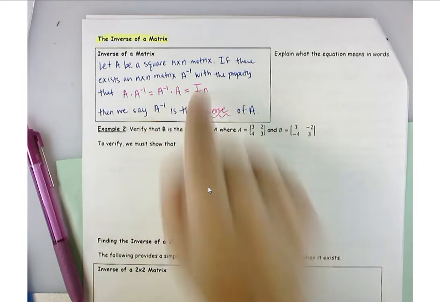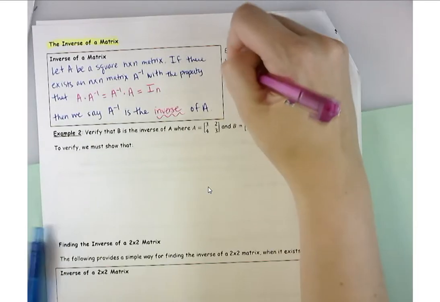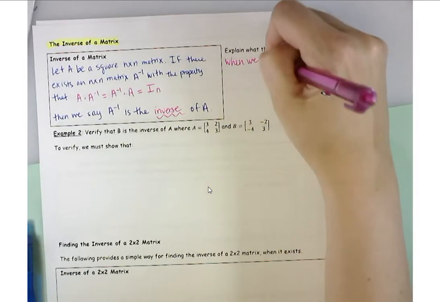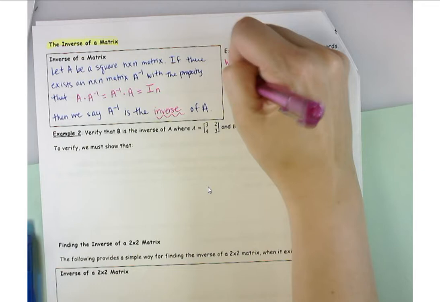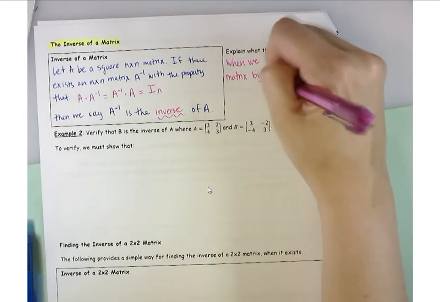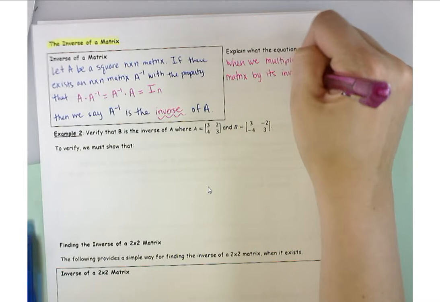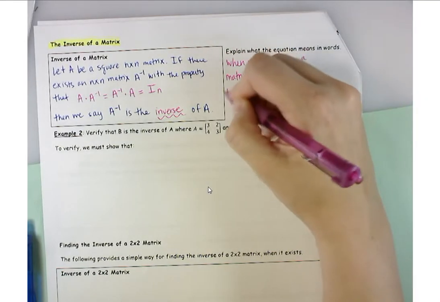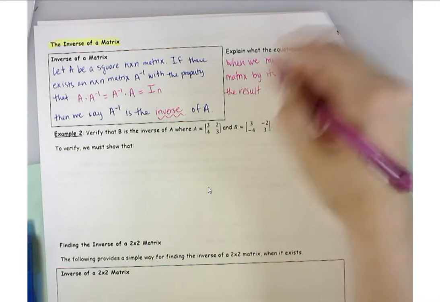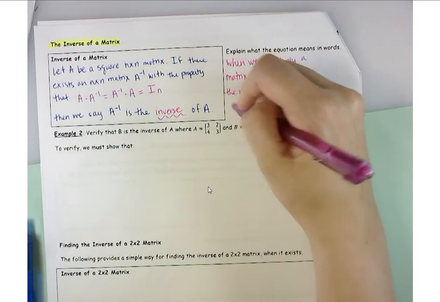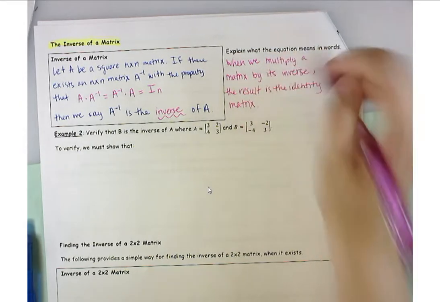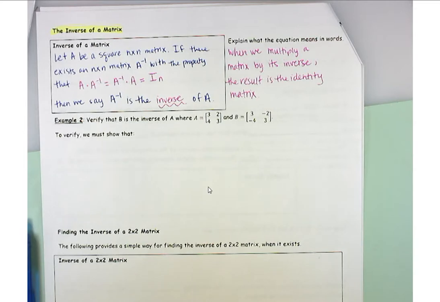Okay, so when we multiply a matrix by its inverse, the result is the identity matrix. So when you multiply a matrix by its inverse, the result is going to be the identity matrix.